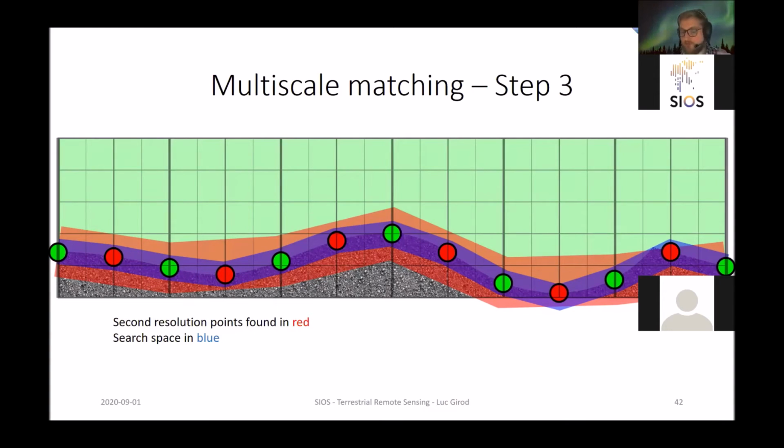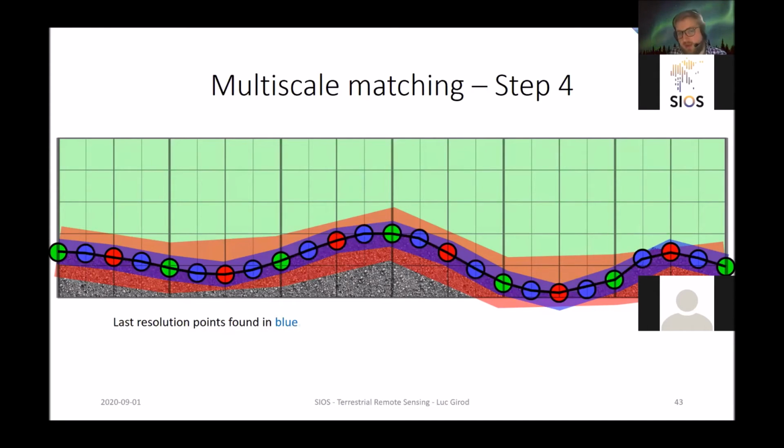And then from these red dots, we say, okay, we have points at a slightly higher resolution again. Then we can estimate a higher resolution DEM and a thinner band to try to find points at even higher resolution. And we get to this blue line with the blue dots that represents the terrain rather well. And at some point we have to say, okay, we're good enough, we have a high enough resolution, and we just stop.